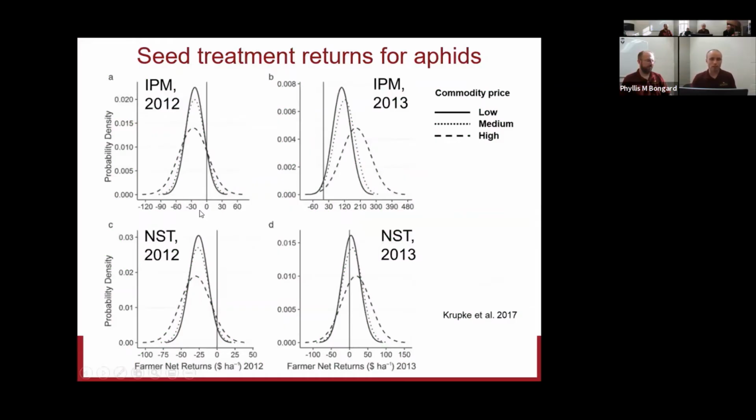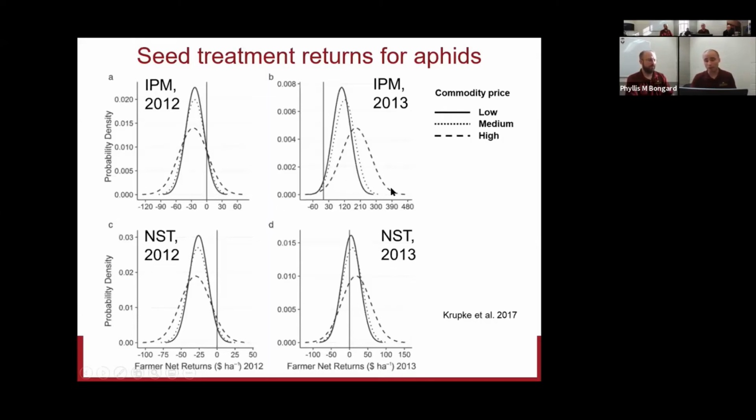So we see that for both of these treatments, there was a very low or actual negative return to the farmer because you were incurring those costs, be it for the seed treatment cost or the scouting cost, and not getting any benefit from it because aphids didn't show up that year.